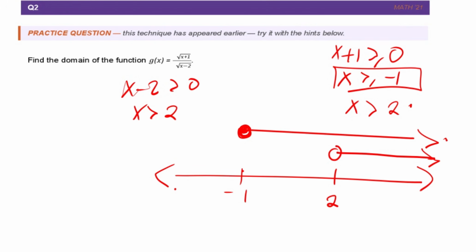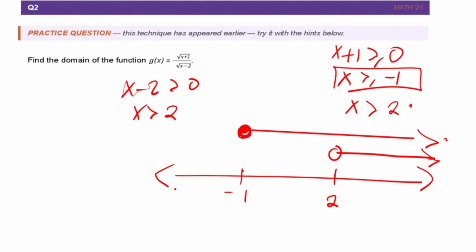I don't want you to be confused, because the moment you find those two, you put them on the number line. You have to intersect them.